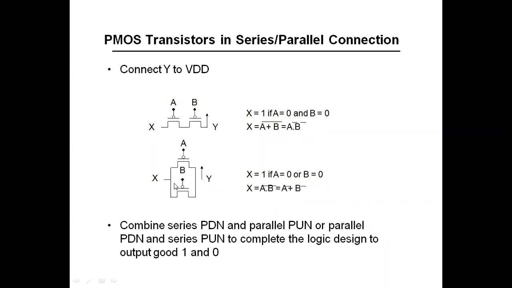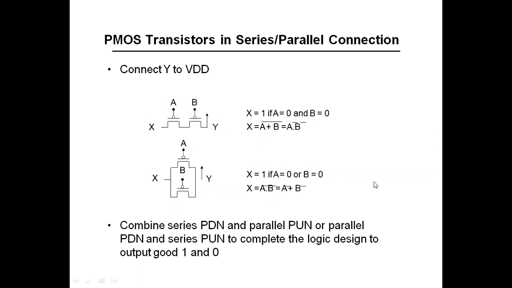And similarly, in this case also, if it is connected to the high voltage or plus 5 volt VDD, then it is A plus B bar. That means A bar or B bar, right? So in this manner, you can use this PMOS when the second terminal is connected to the VDD.